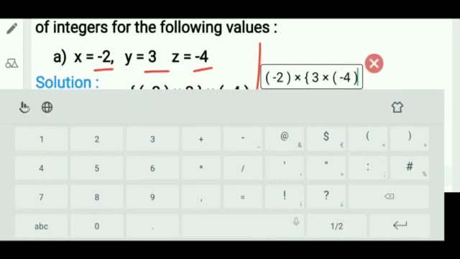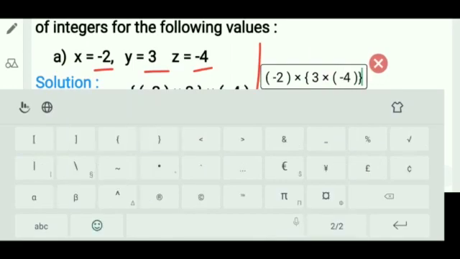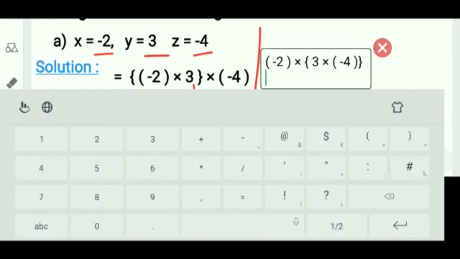Then what will we get? Let's solve. -2 remains the same, multiplication sign, and we know when we multiply 3 and -4, what do we get? Yes, we get -12 here.